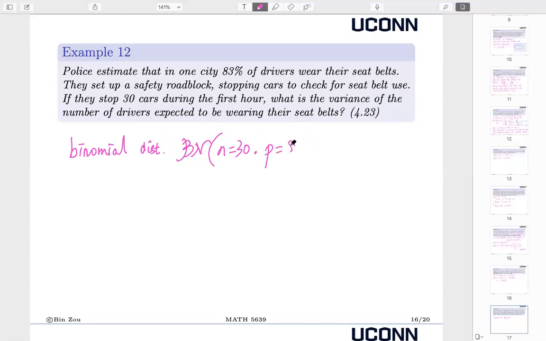The probability is 83%. Okay, and you want to know the variance of the driver, right? So we will learn some formula. I can tell you the formula is NPQ, with Q is 1 minus P. Okay, we will derive this formula. So it's a simple question once you know the formula.